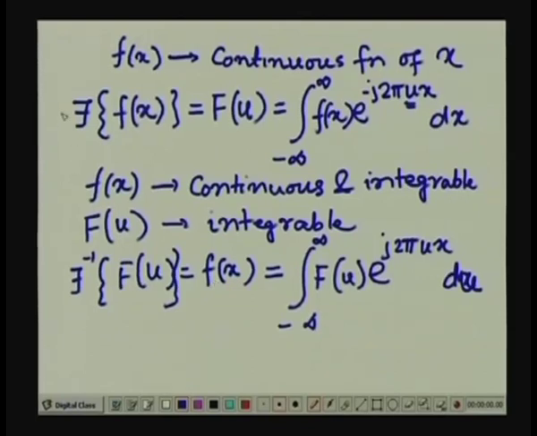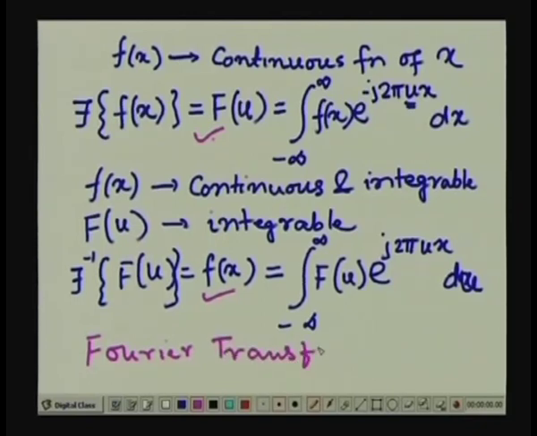These two expressions, the expression for F(u) and the expression for f(x), are known as Fourier transform pairs.